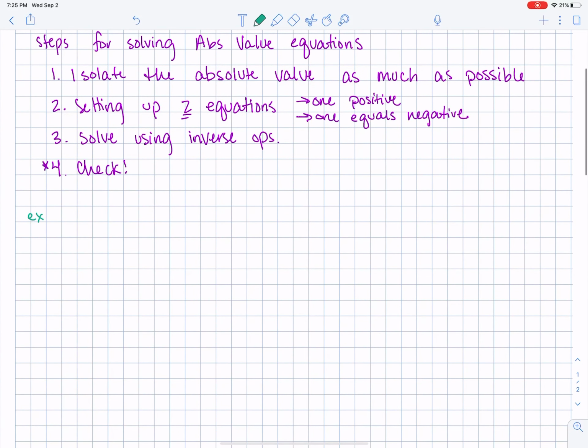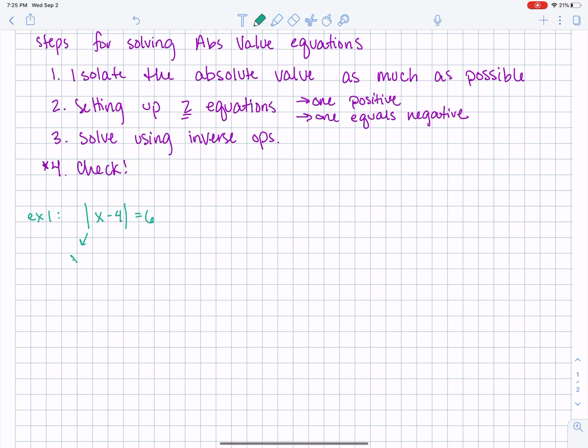All right, example 1. I'm going to say the absolute value of x minus 4 is equal to 6. So when I'm looking at my steps, I have isolate the absolute value. Check, that's done. Then I'm moving on to 2: set up two equations, one positive, one negative. So these two absolute value bars need to be broken down.